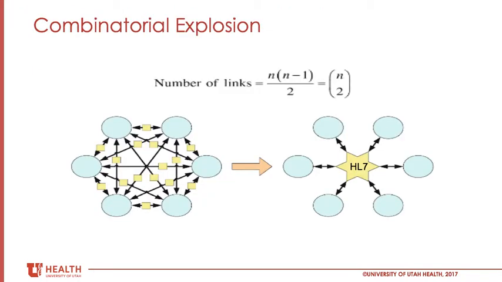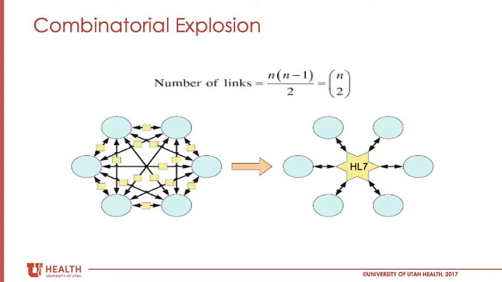The standard that we are going to work on in this course is an HL7 standard. FHIR is one of the latest HL7 standards, and what this standard does is help to solve this combinatorial explosion that is described in this slide.